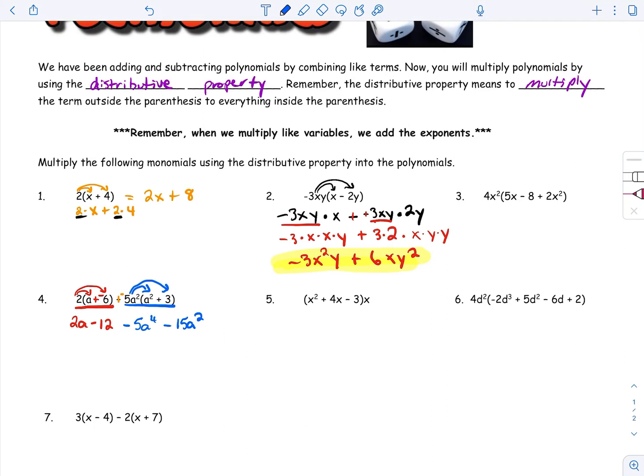So we just write the polynomial in descending order, meaning with the highest exponent term first, and then the next to the highest, and then done with it. So now I want you guys to try number 7.